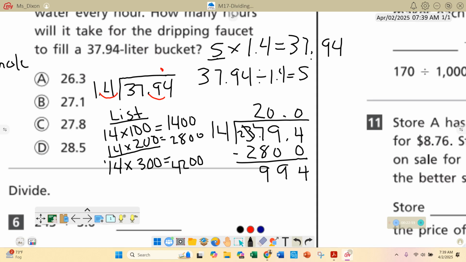All right, we can't stop because our remainder is more than our divisor. And we can't take another 100 or 200 groups out because that's too big. So let's try 50 groups.